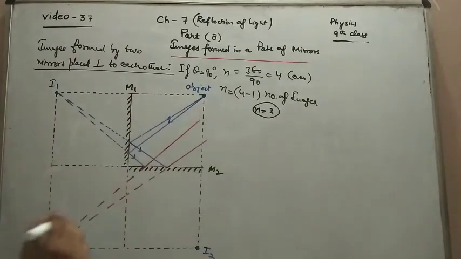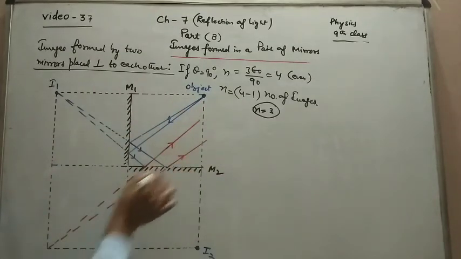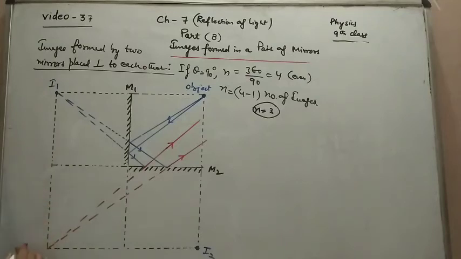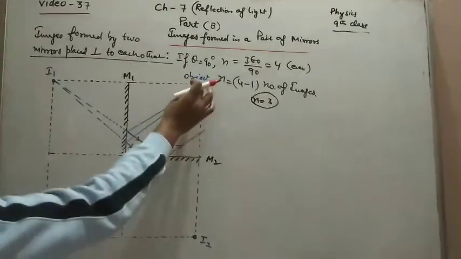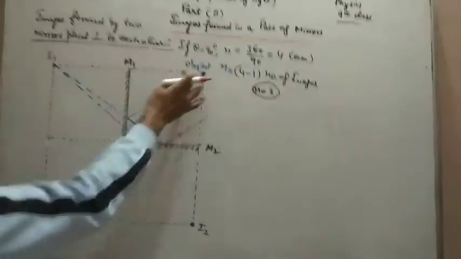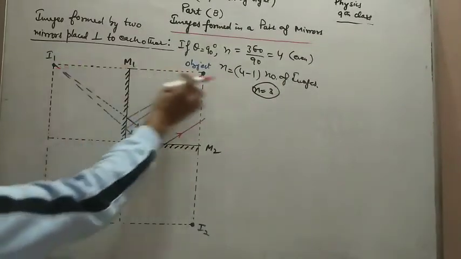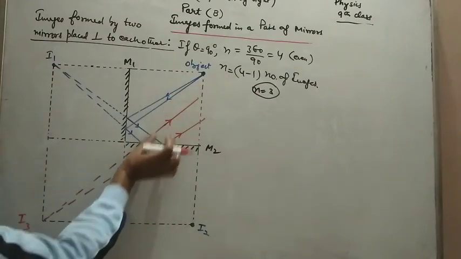So this is I3. Now as I have drawn I1 on this side, you can take 2 incident rays first to this side.